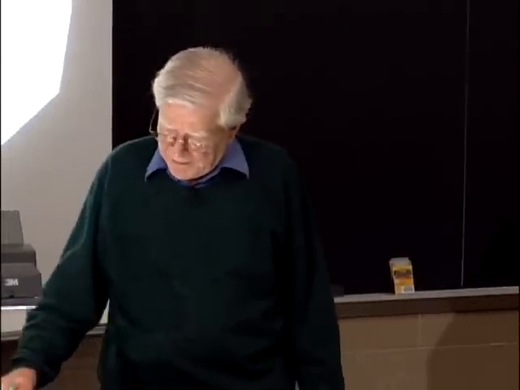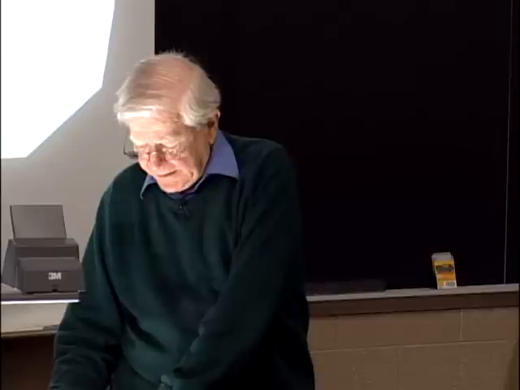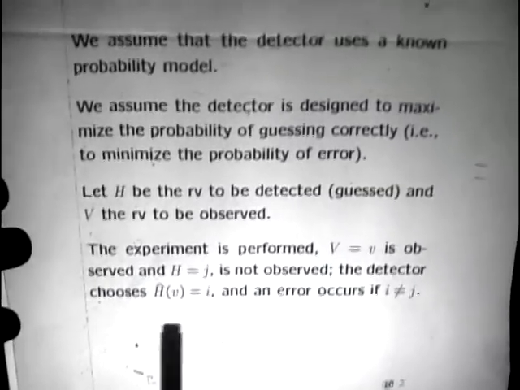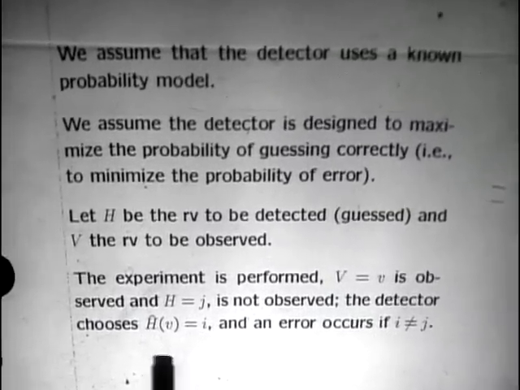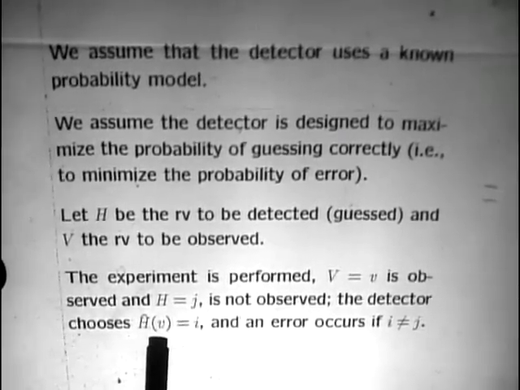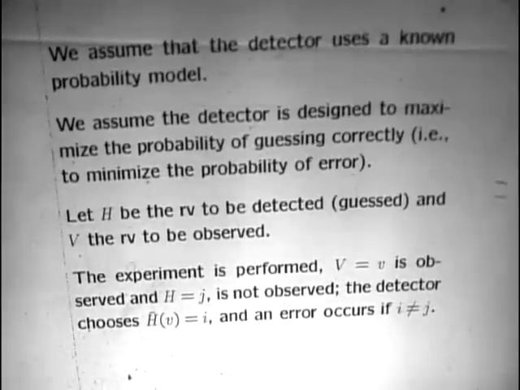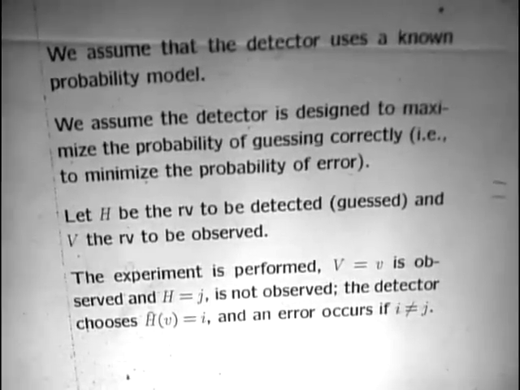Okay, an error then occurs if after the output chooses a particular hypothesis as its guess, and that hypothesis then is a function of what it receives. In other words, after you receive something, what the detector has to do is somehow map what gets received, which is some number, into either 0 or 1.